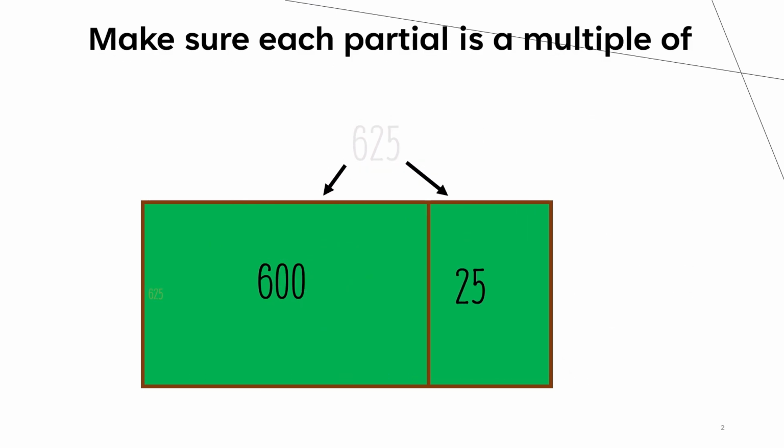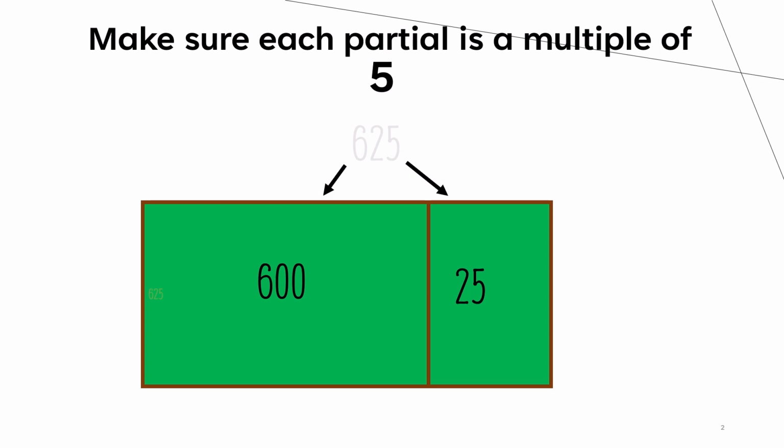Now we're going to see what pieces are better to use to decompose 625, and you'll see we chose 600 plus 25. So we want to take the 625, use those pieces, and divide them by multiples of 5.